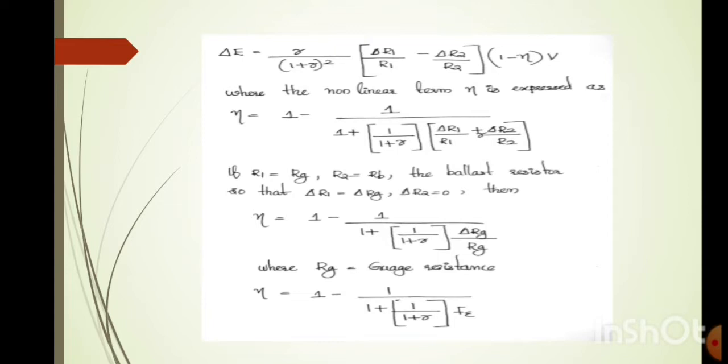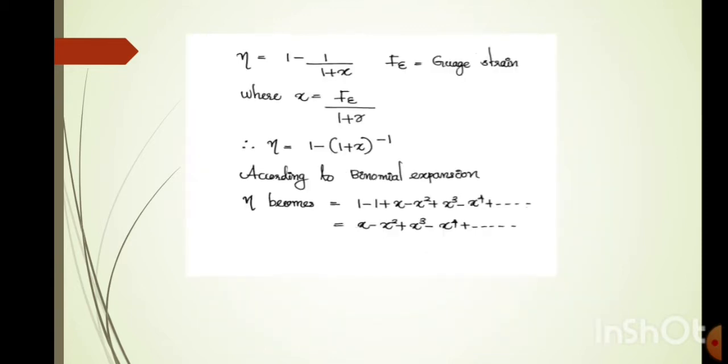Therefore, eta equals 1 minus 1 by 1 plus 1 by 1 plus R into delta Rg by Rg. The above equation can again be rearranged as eta is equal to 1 minus 1 by 1 plus 1 by 1 plus R into F epsilon, where F is the gauge factor and epsilon is the strain.